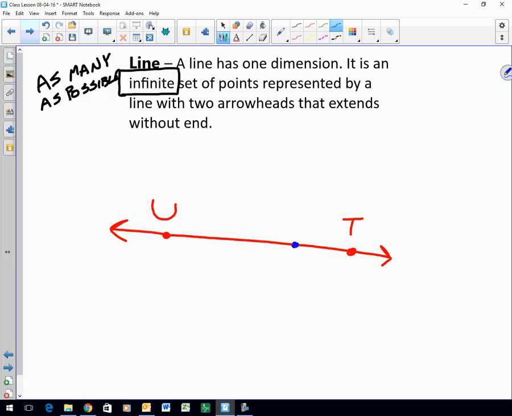I can have this point, call it Q. I have this point, call it A. I can have this point, call it L. I can have a million of those points. I can have two points, right? As long as there are two points involved, I can have a line. Any questions about that so far? Pretty straightforward, right? I hope y'all see that. Okay, I'm going to move on now.